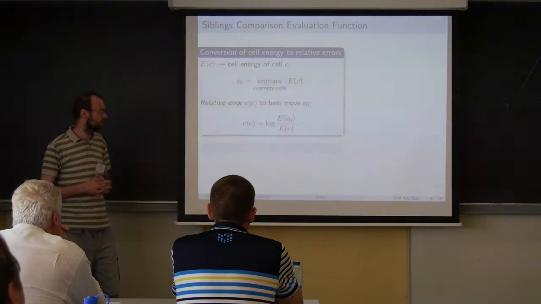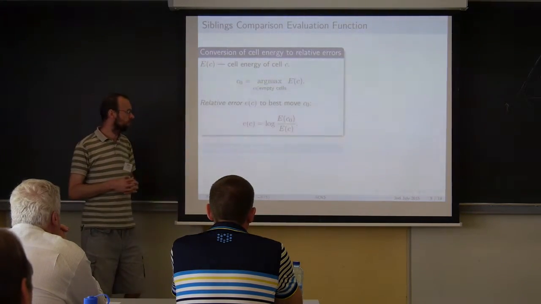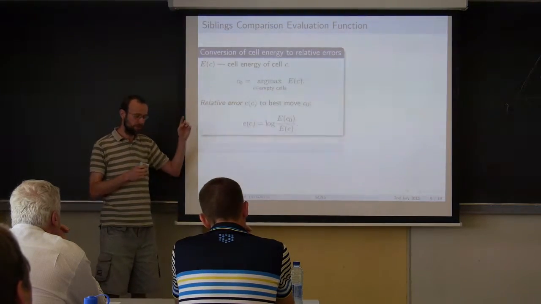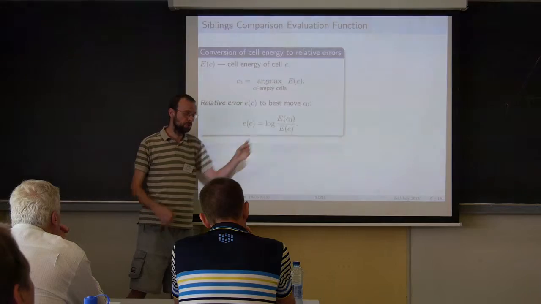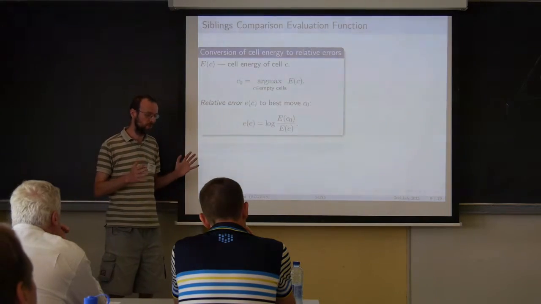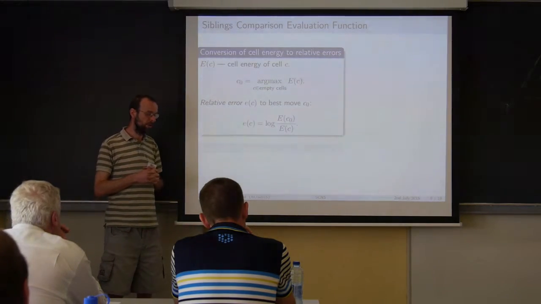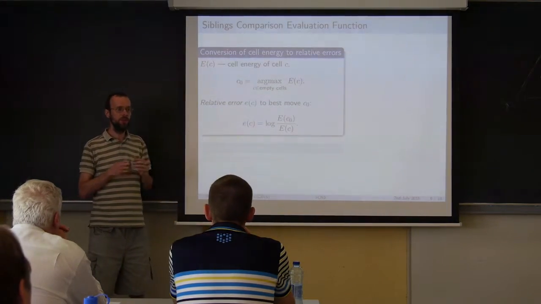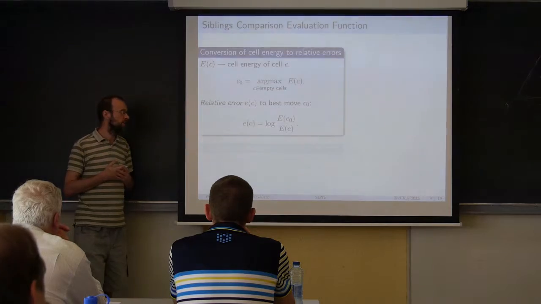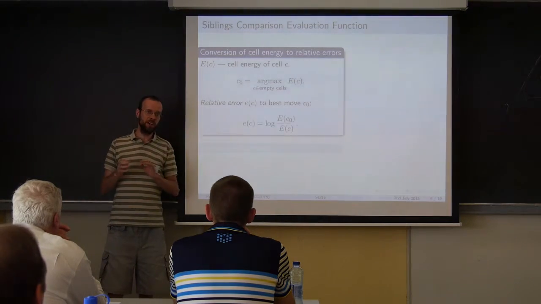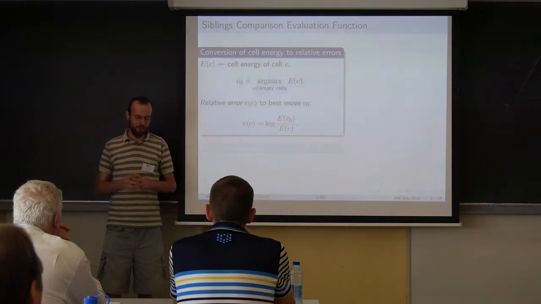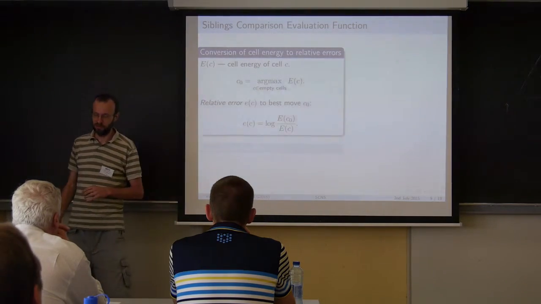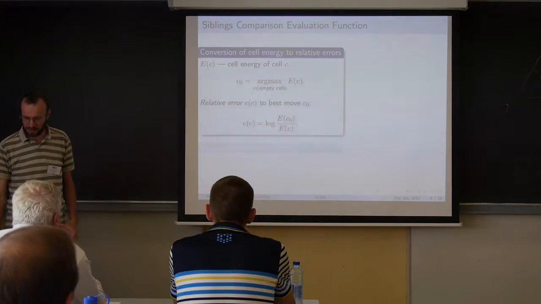There are other possibilities also. But what is important here is that the relative error for the best move, so for C0, should be 0 because it is the optimal move. And the worse the move is, the higher the relative error should be. So in other words, relative error says how much we deviate from the optimal play according to this local information, according to this cell energy.